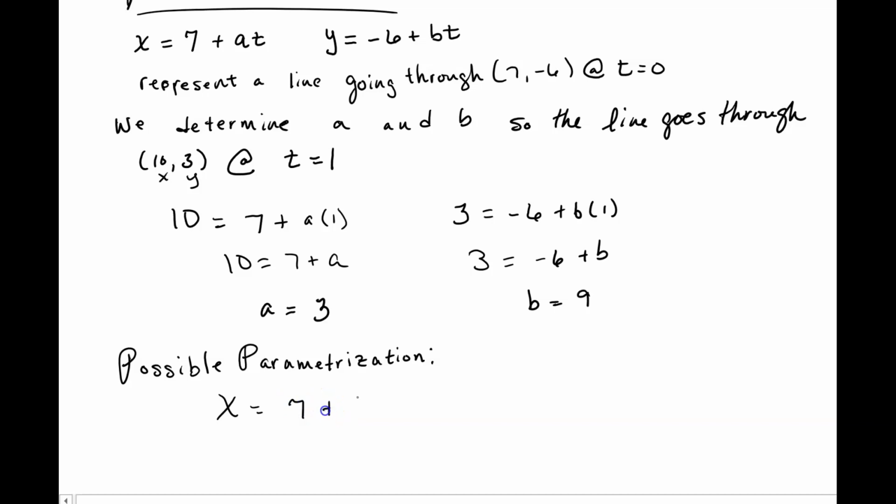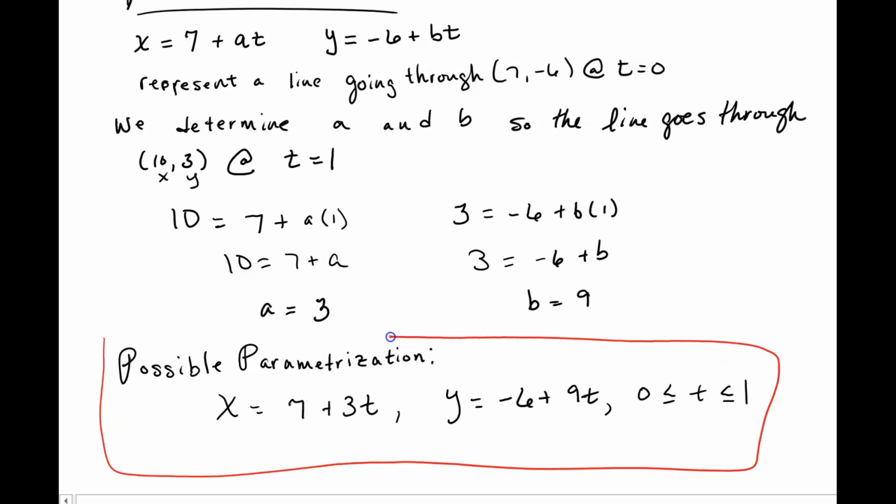But x equals 7 plus 3t, because a is 3, and y will equal -6 plus 9t. Of course, we are looking at values of t between 0 and 1. That's what we've got there for a possible parameterization.